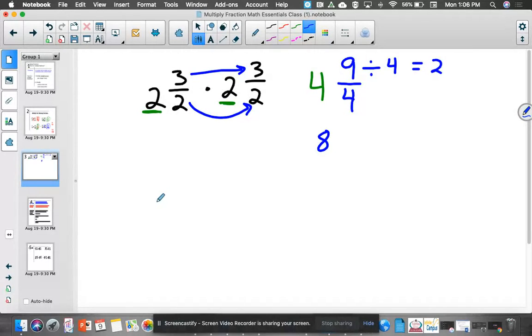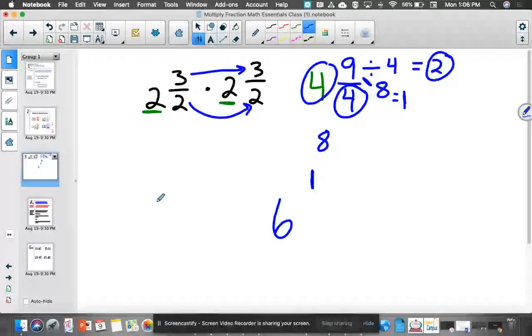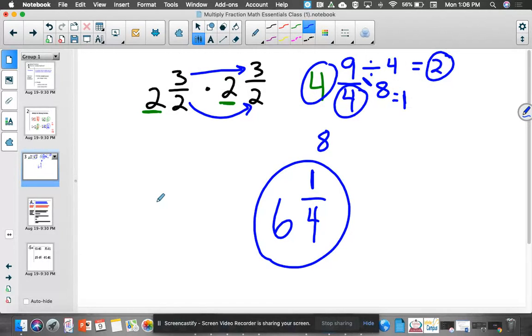Okay, so we'll put 8 here because then we take this 2 and add it to the 4. So we know we have 6. Then we take 9 minus 8. We have 1 left. And that goes back into the numerator spot. And the denominator stays the same. So our answer is 6 and 1/4.